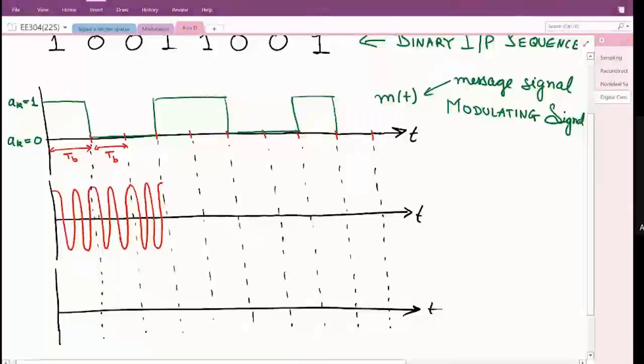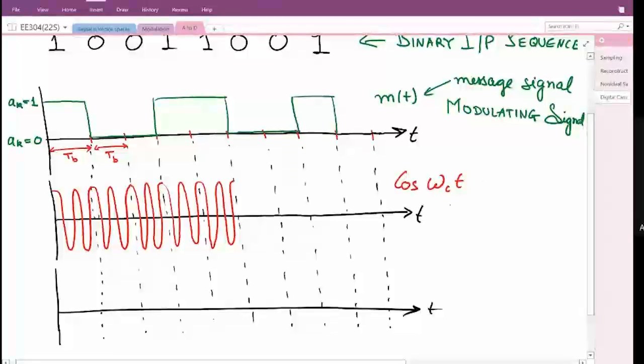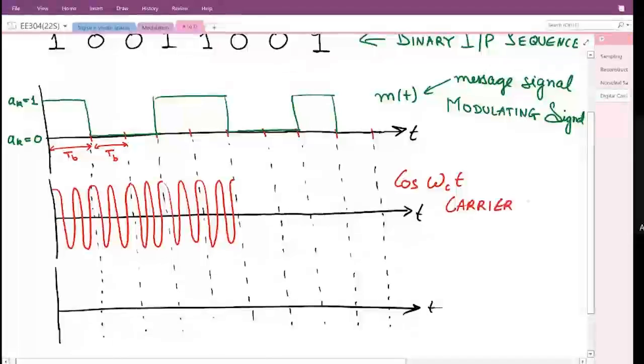So it goes like this, the carrier. This is cos(omega_c t), and this is the carrier wave signal.